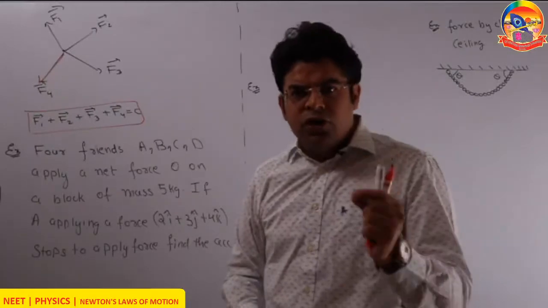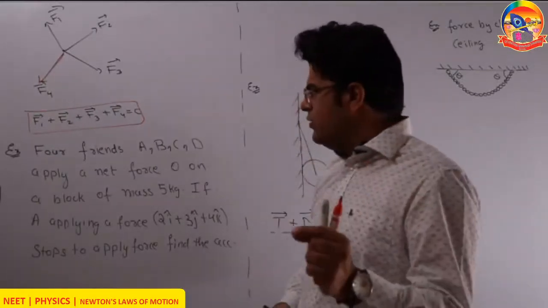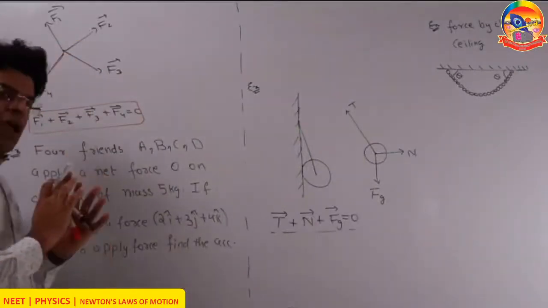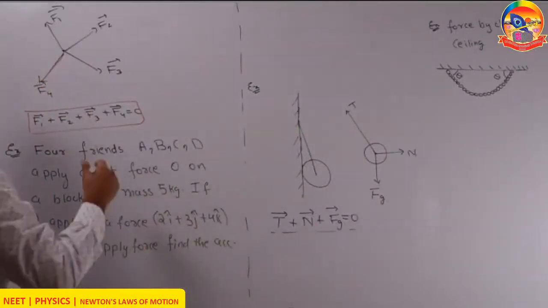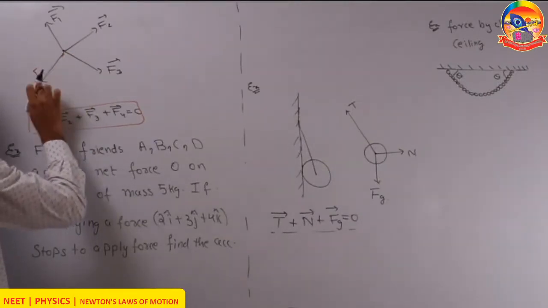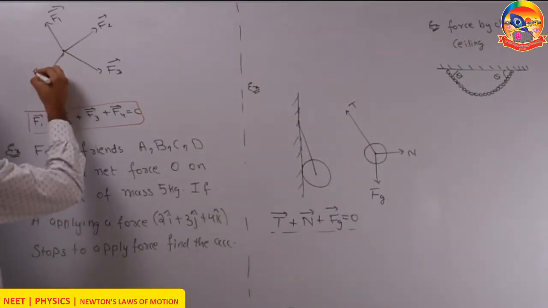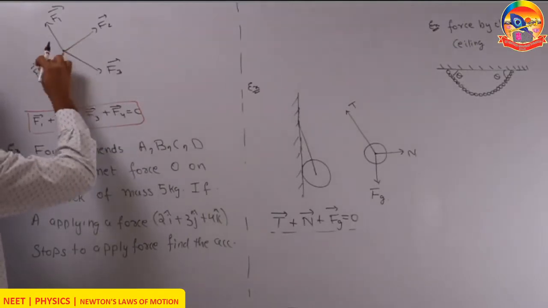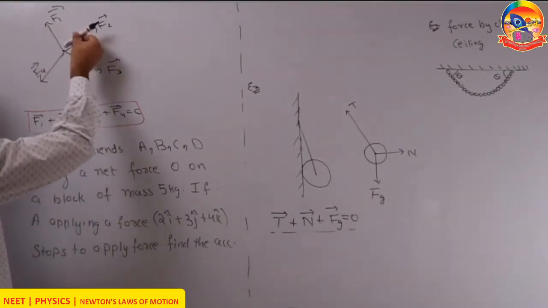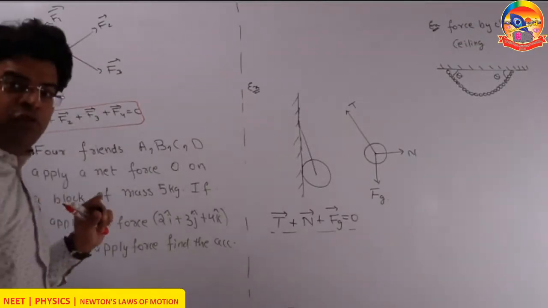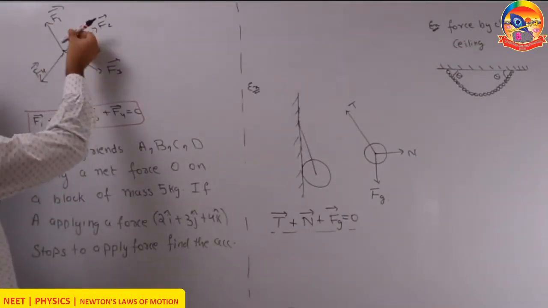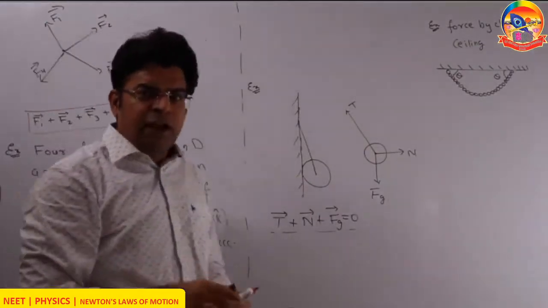What I want to take your attention to here is this. Let's say these four forces add up to 0. If I think of only the force F4, this force F4 is being balanced by the resultant of F1, F2, F3 if the net force is 0.